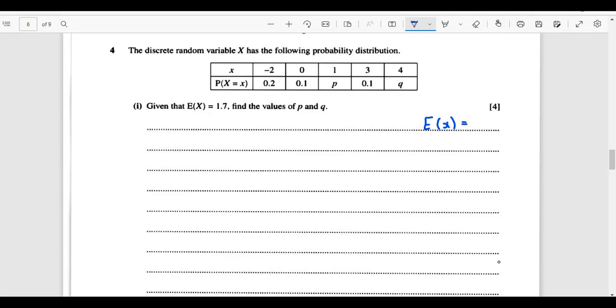What are you going to do? You will sum up the product of x with the probabilities. If the question is about expected value of x squared, you'll sum up the product of x squared with the simple probability that is given in the question.